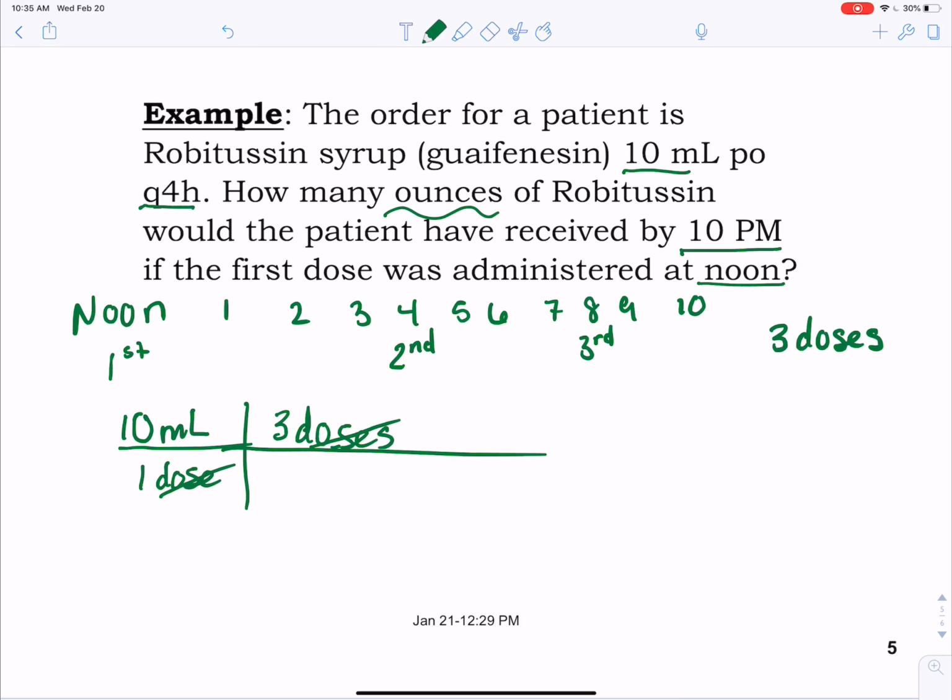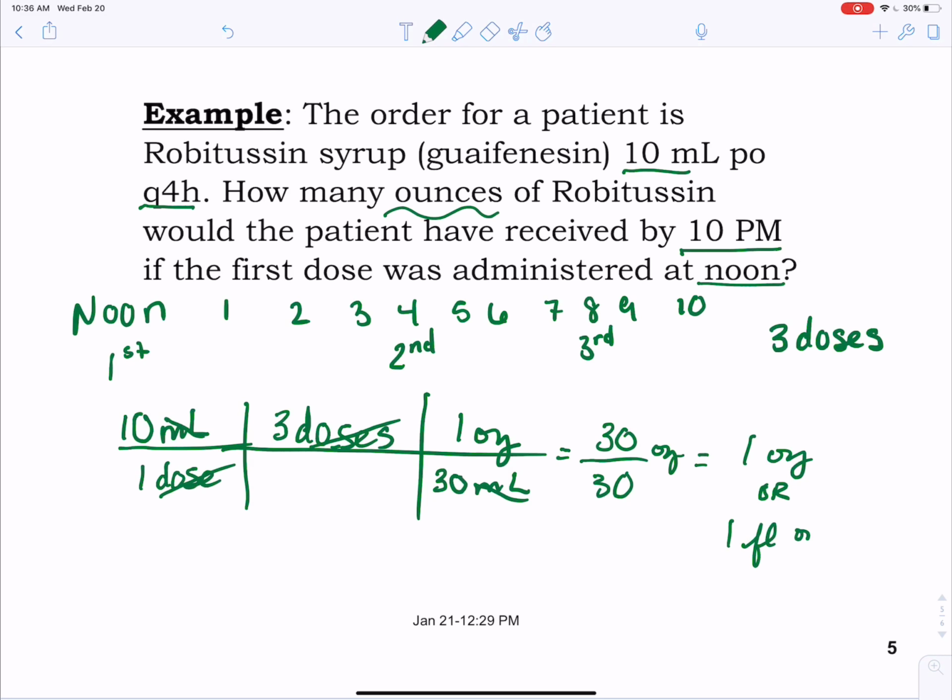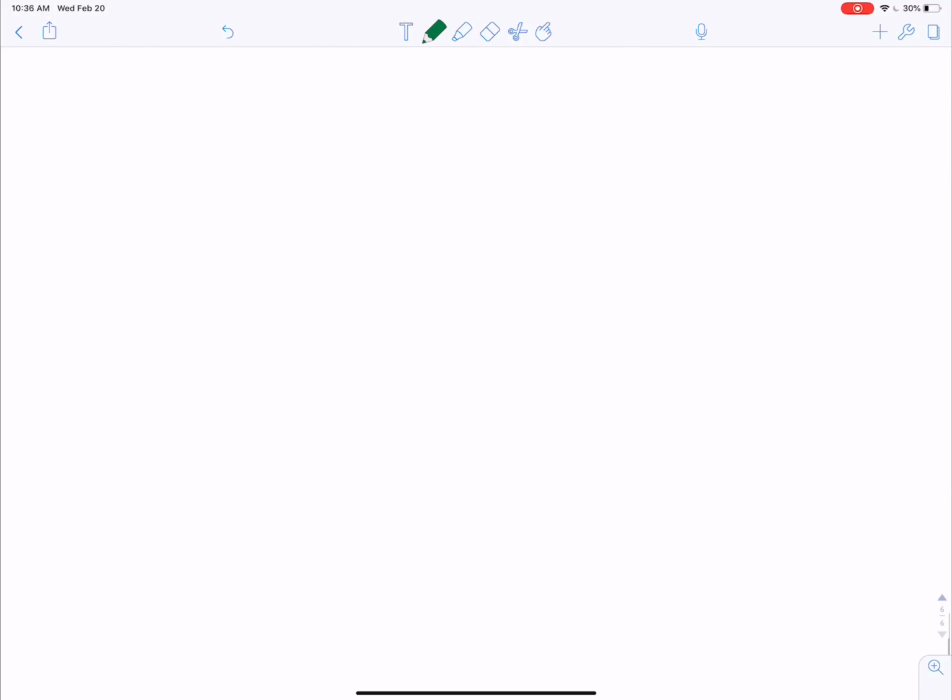The other issue we need to do is convert those milliliters over into ounces. And if you look at your formula sheet, you'll see that there's 30 milliliters in every 1 ounce, or fluid ounce, depending on how you prefer to write it. If we multiply straight across, we'll end up with 30 over 30 ounces, or we find that the patient gets 1 ounce, or you could write 1 fluid ounce instead. And that's it.